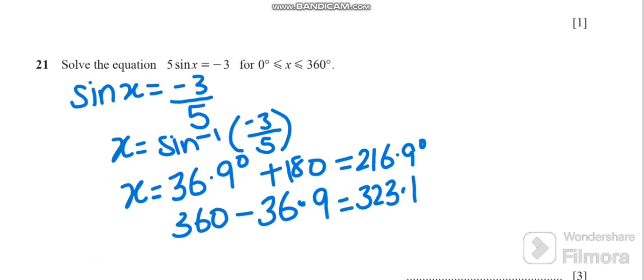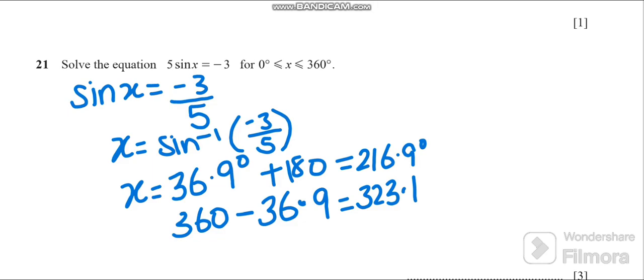Question 21 states solve the equation 5 sine x is equal to minus 3 for 0 degrees is less than or equal to x is less than or equal to 360 degrees.